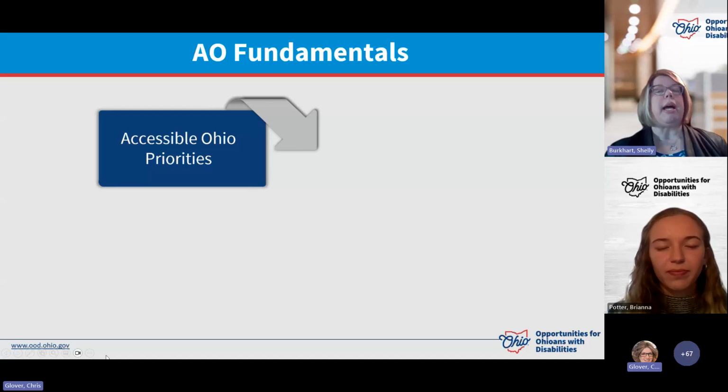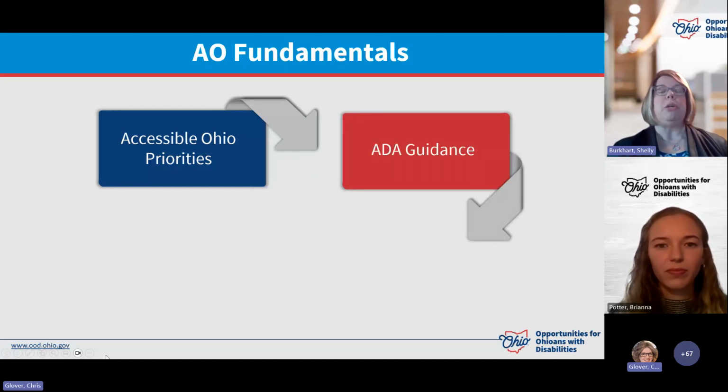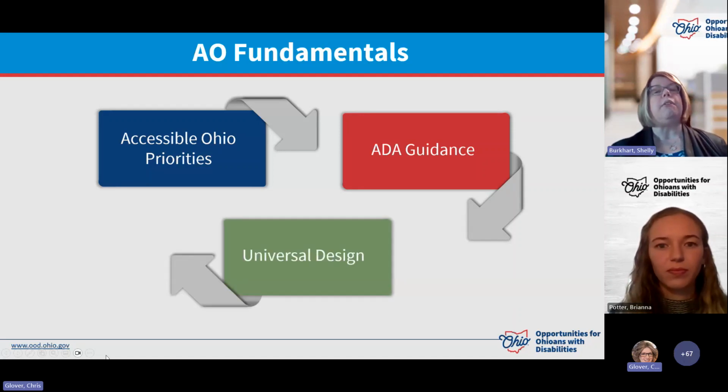Then we continue with guidance from the ADA and, to a larger extent, the concepts included with universal design. The webinar focuses specifically on the first priority, planning and awareness, to create an environment that is accessible, inclusive, and welcoming to all. Let's kick things off by describing this priority.